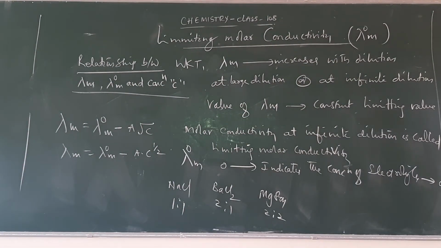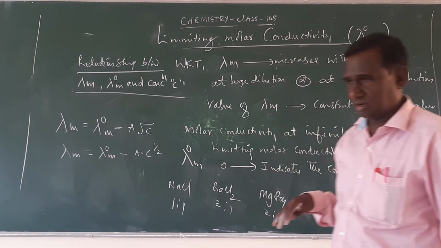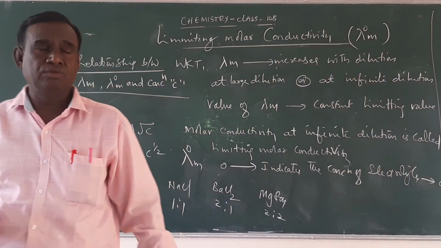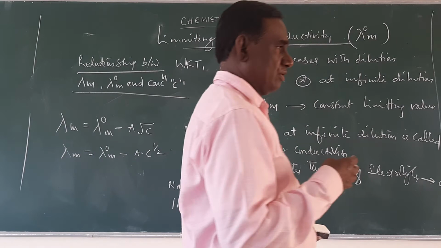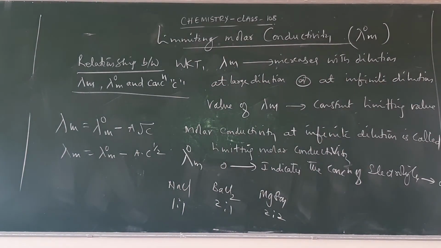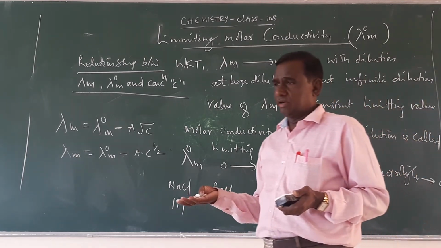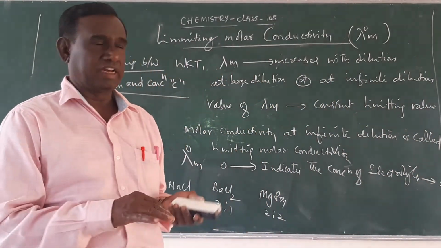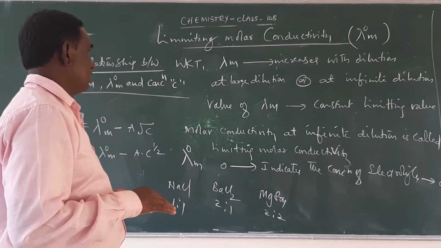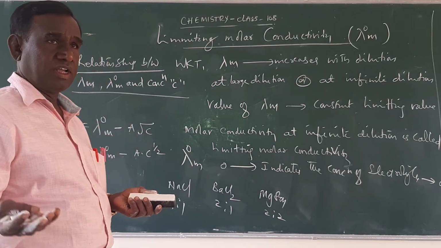The specific conductivity decreases with dilution for both weak and strong electrolytes, and the molar conductivity increases with dilution for both weak and strong electrolytes. The limiting molar conductivity is the molar conductivity at infinite dilution.